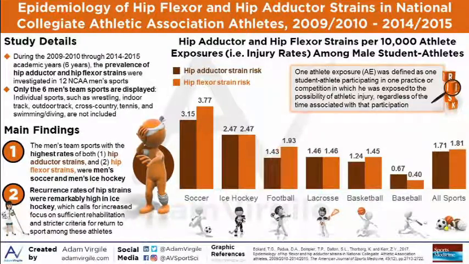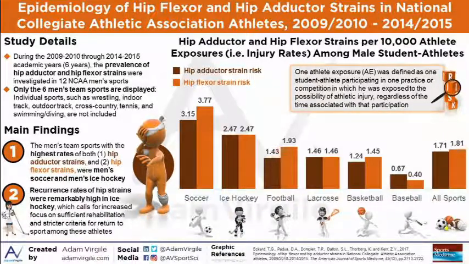And then I'm gonna talk about epidemiology of hip flexor and hip adductor strains in National Collegiate Athletic Association athletes. First, the mainstream sports with the highest rates of both 1. hip adductor strain and 2. hip flexor strain were men's soccer and men's ice hockey.